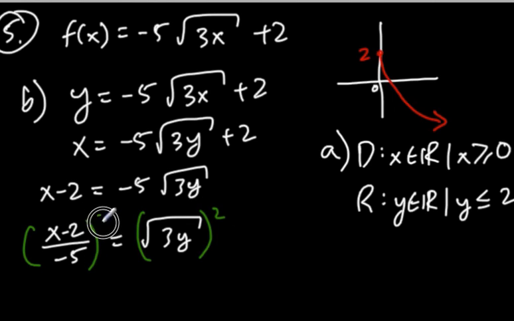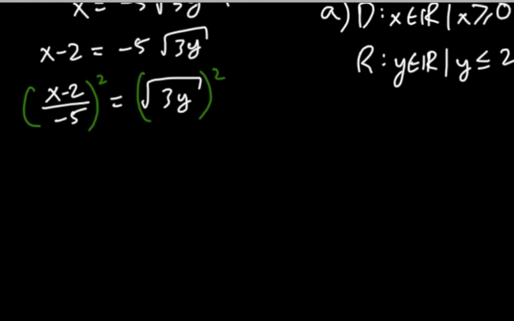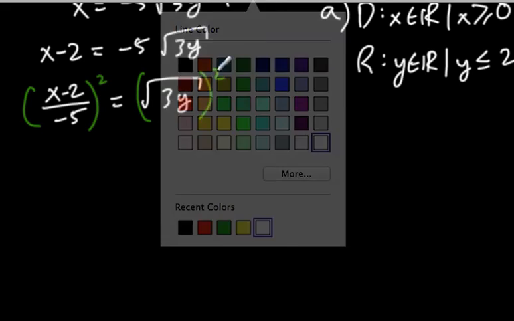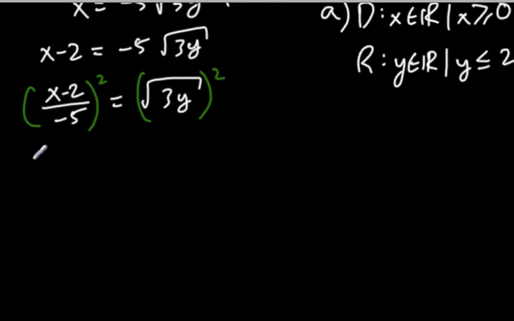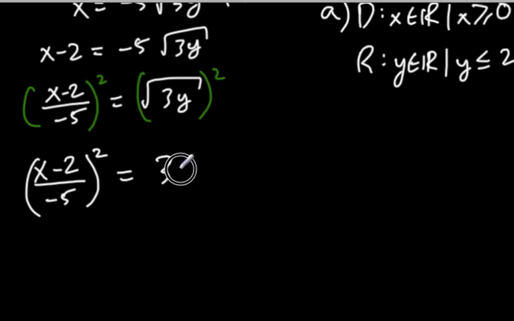So I'm going to square that, and by doing so, I'm going to leave this in this sort of square form. So it's going to be x minus 2 divided by -5, squared, and it's going to be equal to 3y because the square root and the square cancel out.